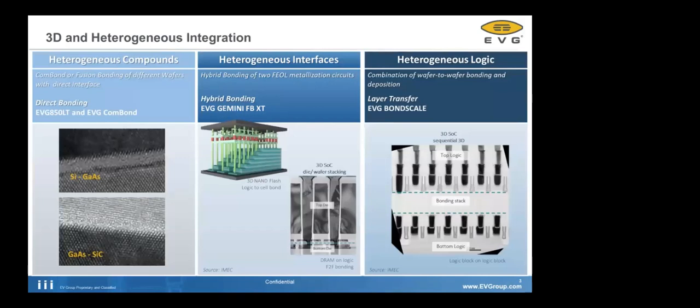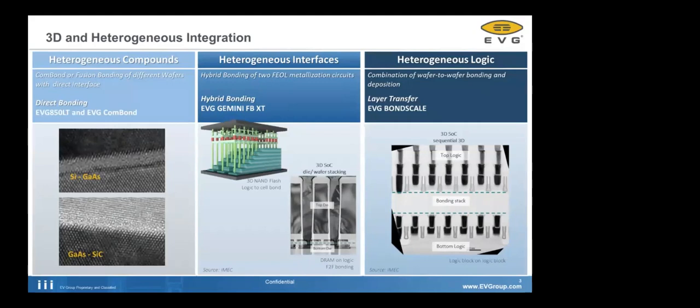Talking about heterogeneous integration sees many different flavors, mainly heterogeneous compounds, where we are actually using bond technology to stack different materials onto each other, generating new functionality and new material functionality especially.